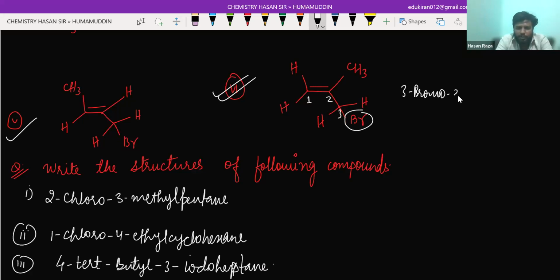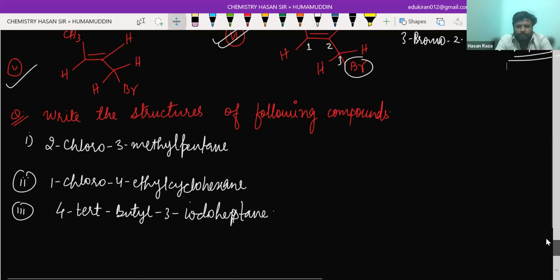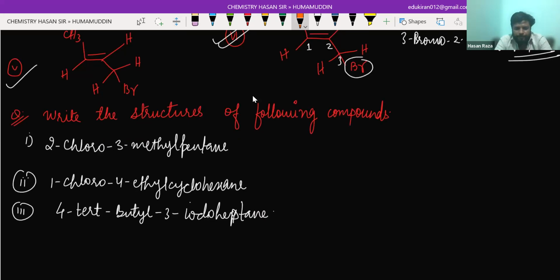At the second position, there is methyl, so we write 2-methyl. And how many carbon in the parent chain? 3 carbon, so prop. At the first position there is a double bond, so prop-1-ene. Got it? Yes, sir. Please do that. Let me know when you are done with the structure as well.